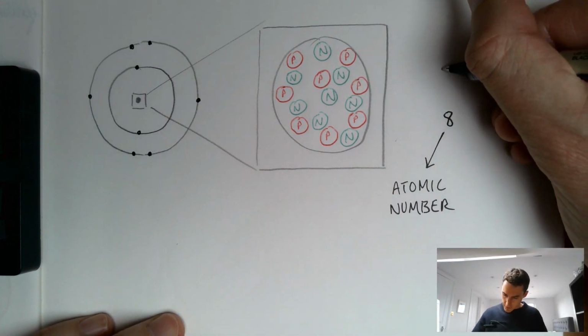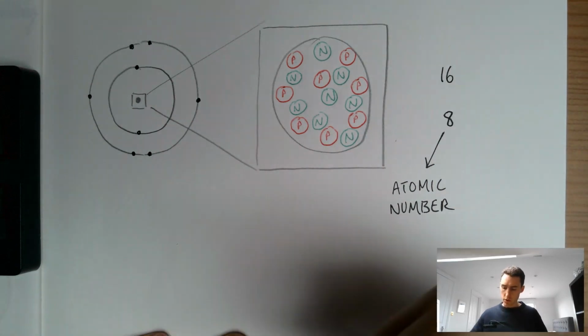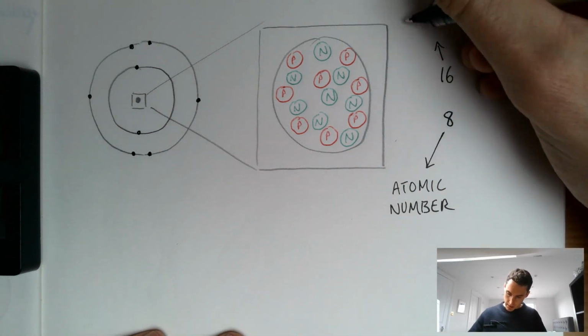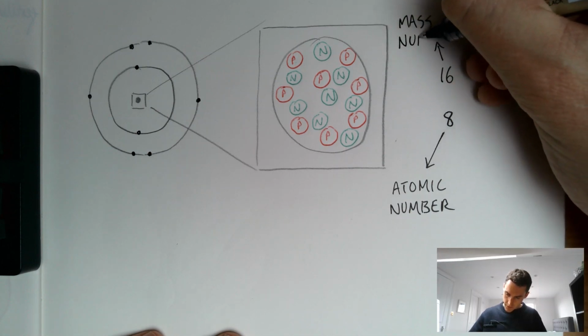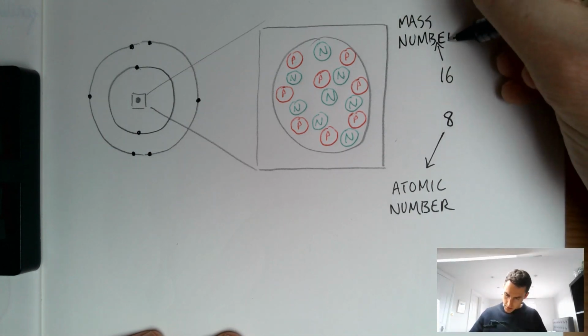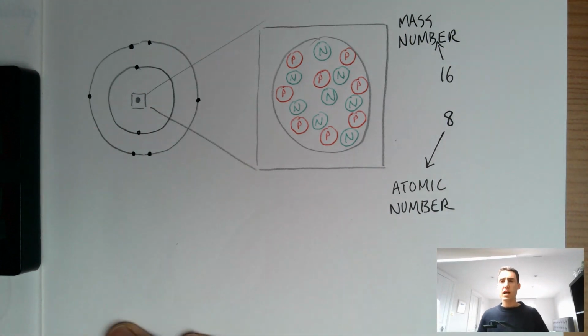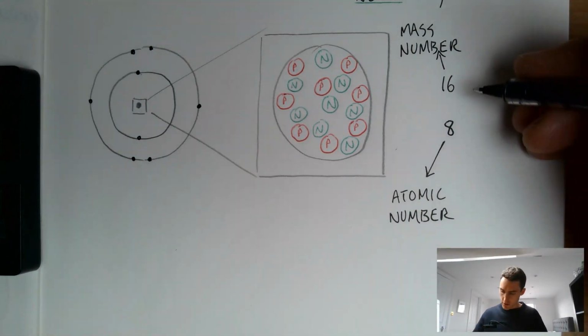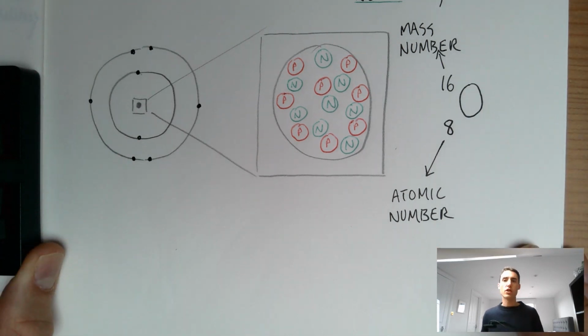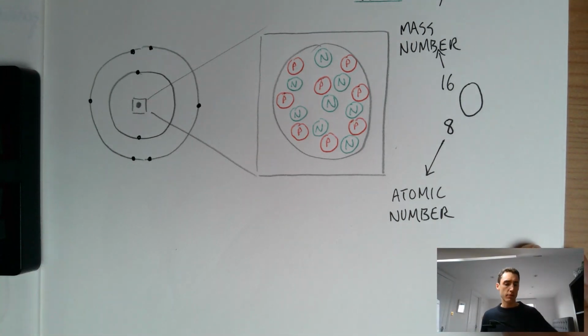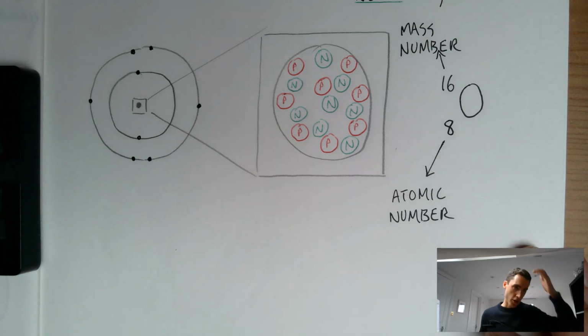Therefore, I'd say I have what's called a mass number, and I'll label that here, mass number of 16. And then all I need to do to finish off the story is do the symbol for oxygen, which they will probably know, I hope, from just earlier years.